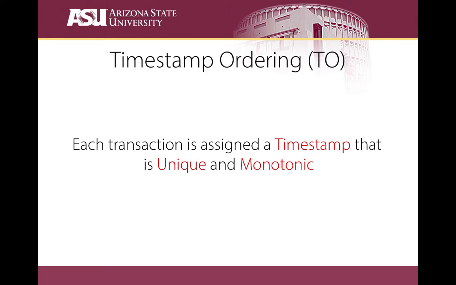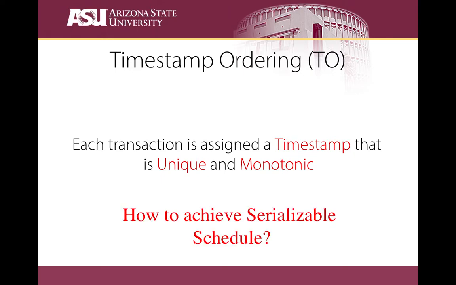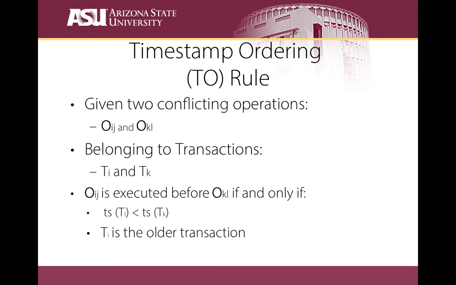So given a timestamp, how can we do the transactions concurrently without locks, without these kinds of logical locks? Let's see an example. Assume you have two operations coming from two different transactions.